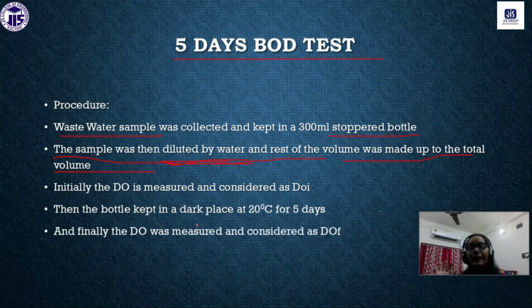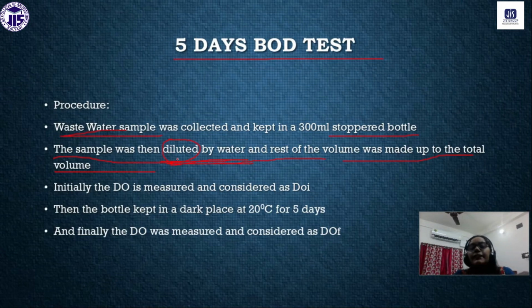In ideal conditions, the maximum saturated value of dissolved oxygen in water is 9 milligram per liter. Understand? We only have 9 milligram, but we require 100 milligram per liter. So what do we have to do? We have to dilute our sample with water. This is the requirement and importance of dilution of our wastewater sample.